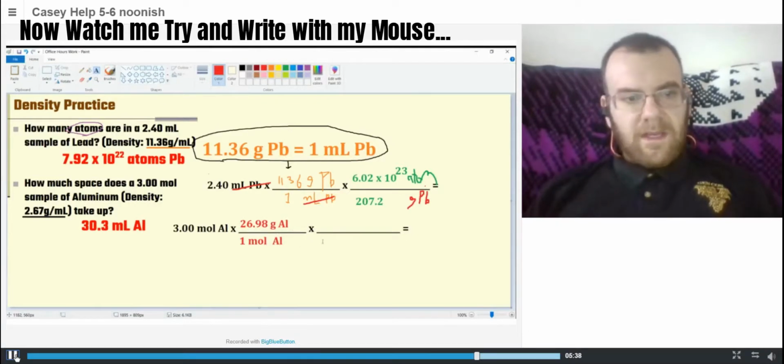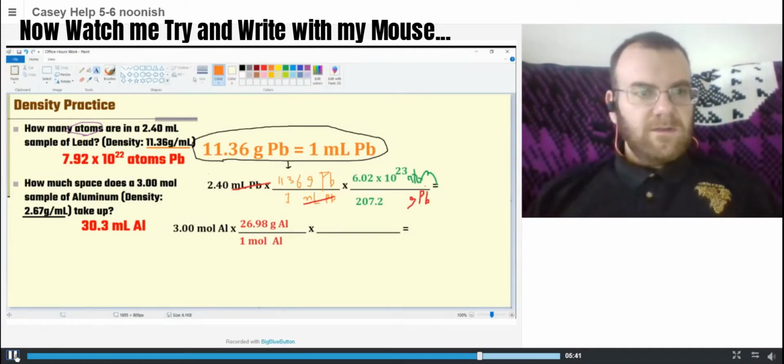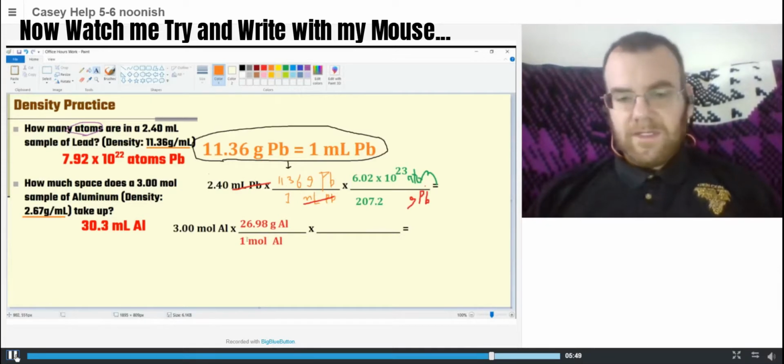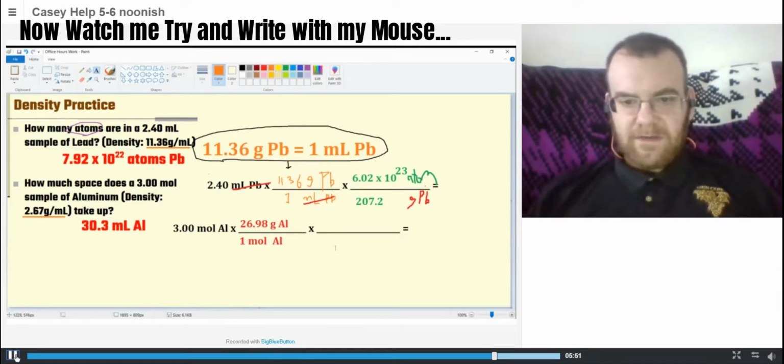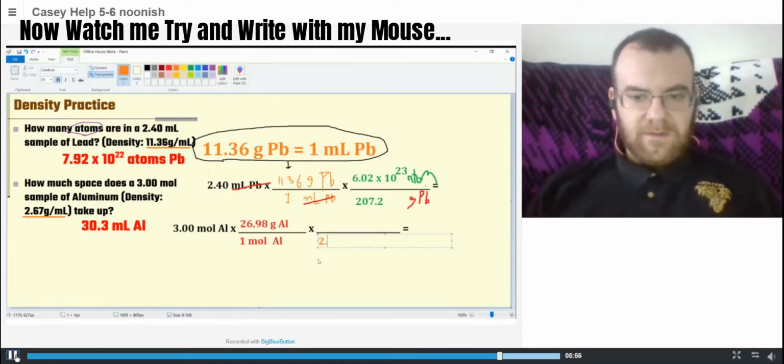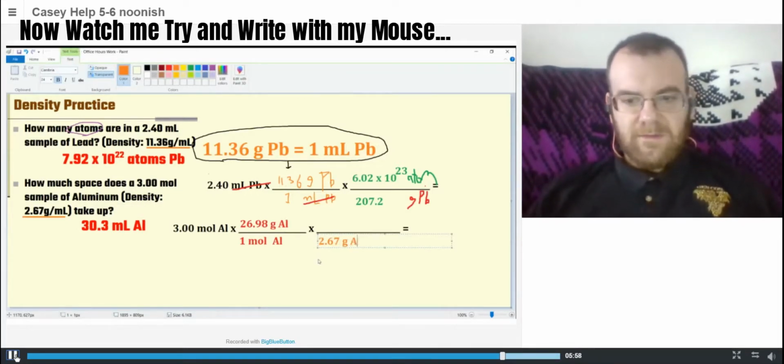Now this brings us to using our density. We get that from the problem. The problem says the density of aluminum is 2.67 grams per milliliter. Since we have grams, we can put that on the bottom, 2.67 grams of aluminum equal to 1 milliliter of aluminum.